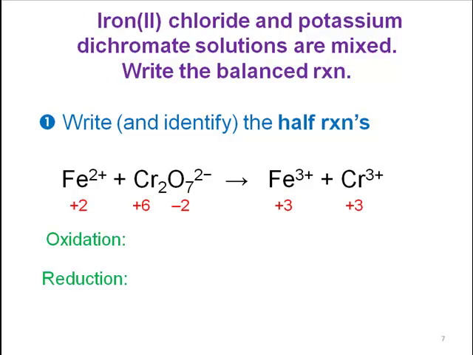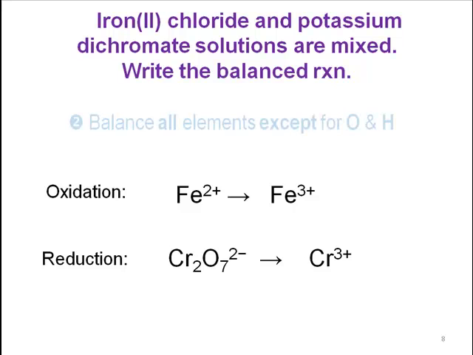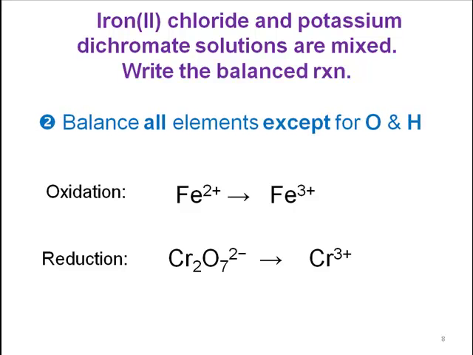So which is the one that's being oxidized, the iron or the chromium? Iron is losing electrons, and the chromium is gaining electrons. So that's step number 1, writing the half reactions. Okay? So once you have the half reactions written, step number 2.